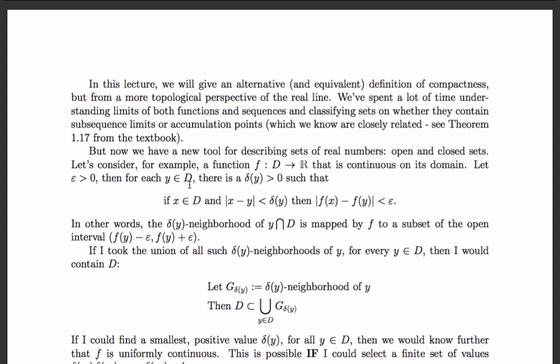Now imagine that I took the union of all of these delta of y neighborhoods of y for every y in D. Remember, we know f is continuous on the entire domain. So for every y in the domain, there's a delta that guarantees that if |x - y| is less than delta, |f(x) - f(y)| is less than epsilon.